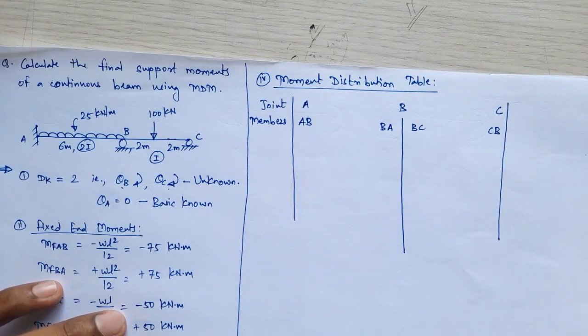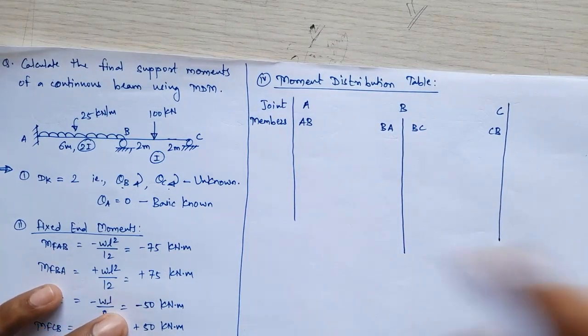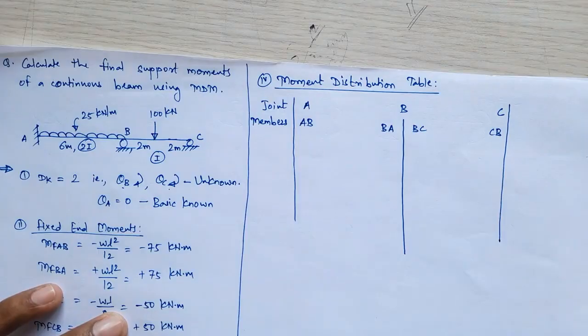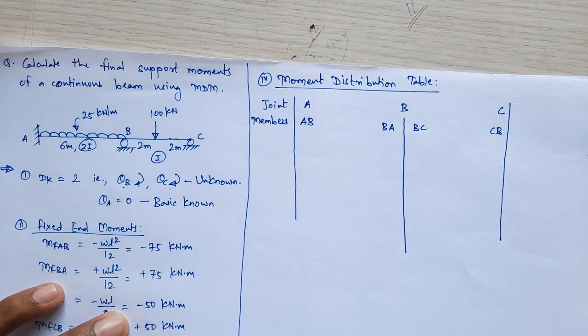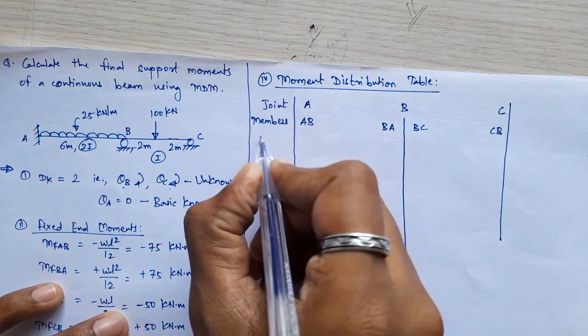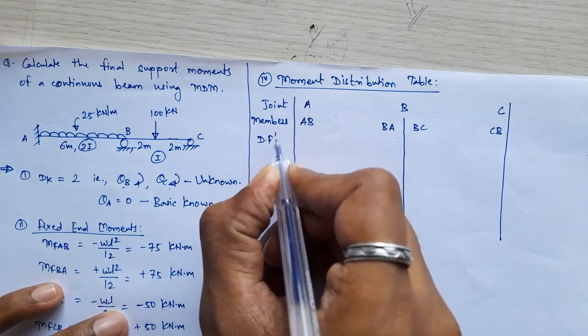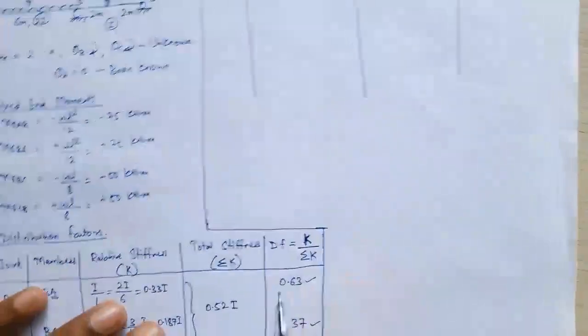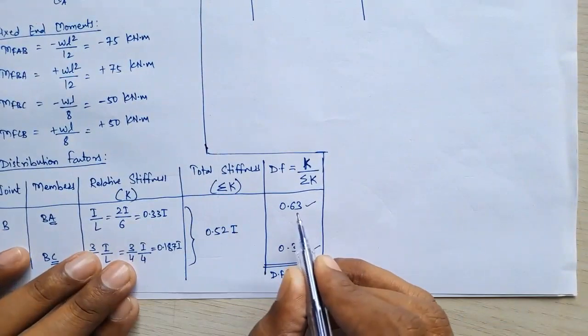So this will be my second row, that is the members meeting these particular joints. Okay, then after that you have to write the distribution factors you have calculated. So I am writing here just DFs. Okay, so DF you have calculated for BA and BC member. So for BA you are getting 0.63 and for BC you are getting 0.37.